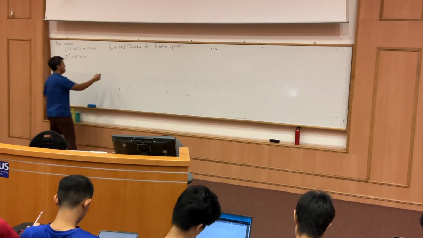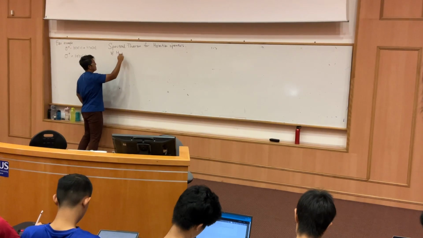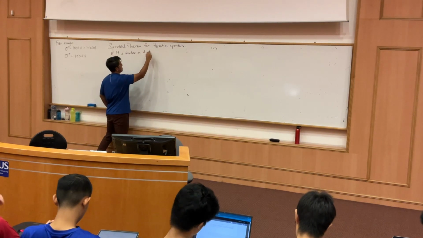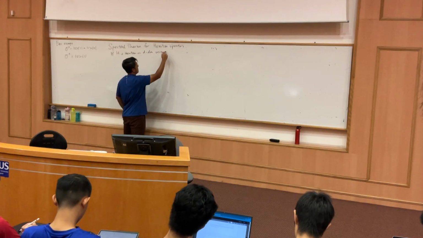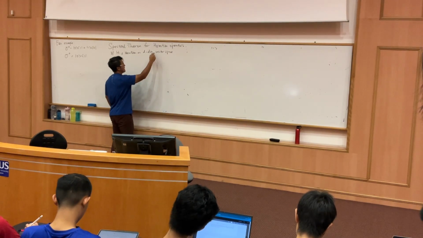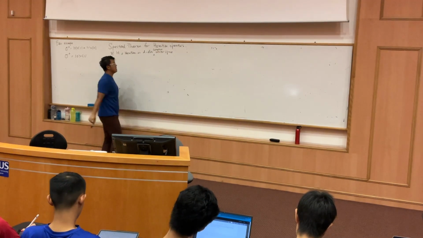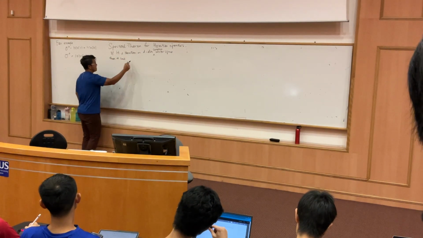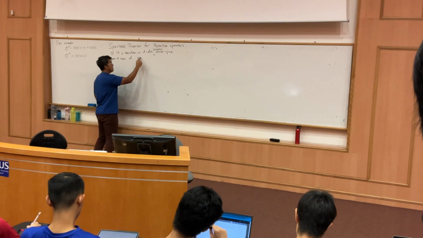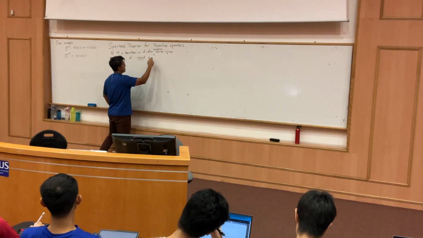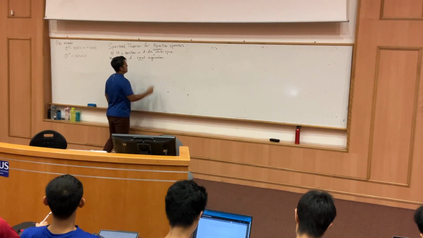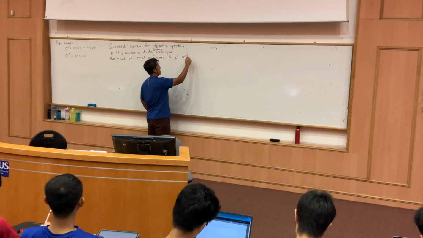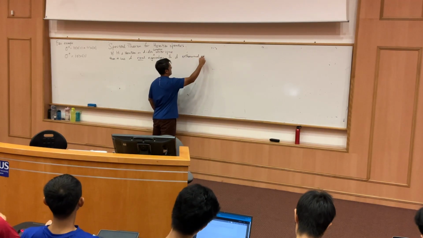It's saying that if H is Hermitian on a d-dimensional vector space, to be precise, complex, then it has real eigenvalues and orthonormal eigenvectors.